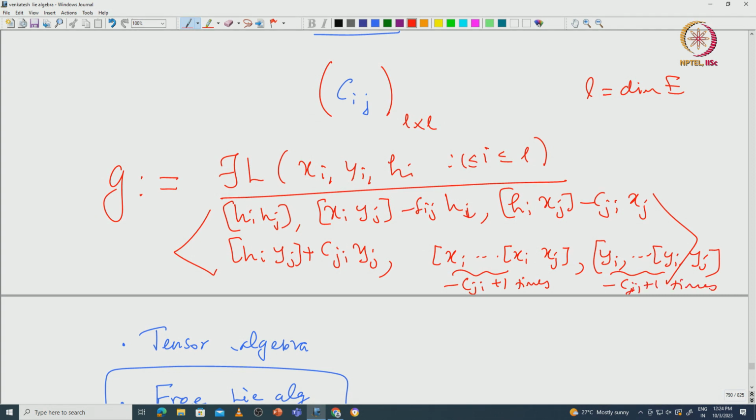So, I take all these elements, take the two-sided ideal generated by this and then go modulo this. You take this to be your Lie algebra.